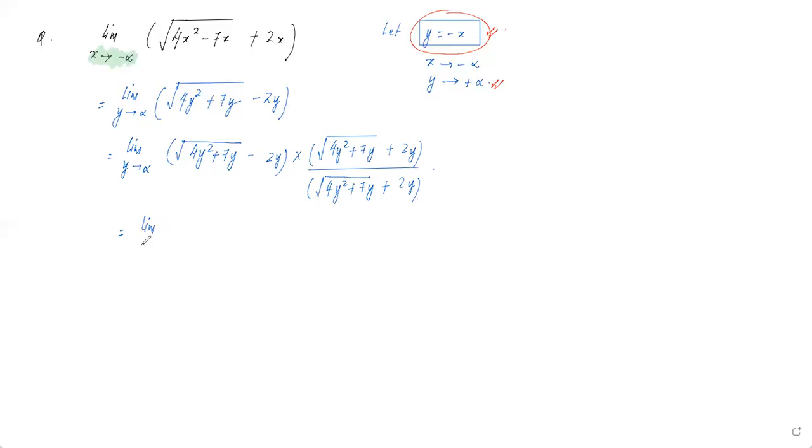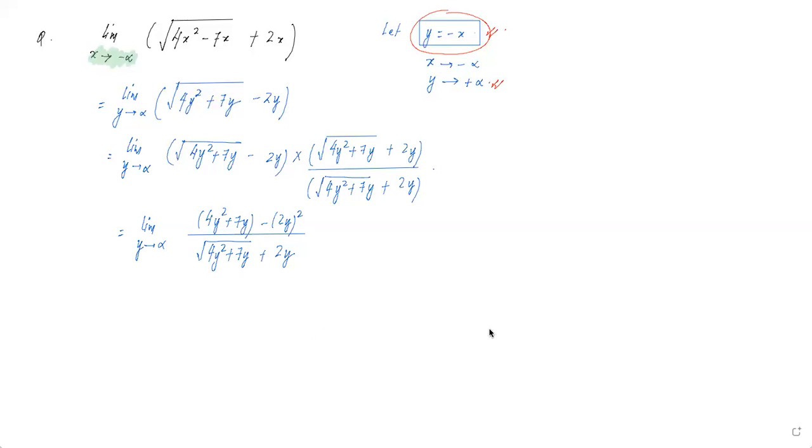The next step we may see, this is limit y tends to infinity. This is in a minus b into a plus b format. They gave us 4y square plus 7y without root, and this is 2y whole square. Denominator में we have square root of 4y square plus 7y.